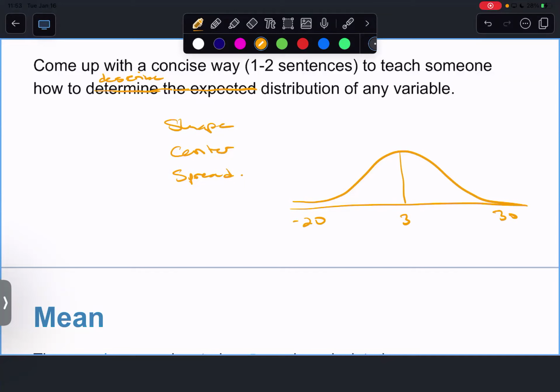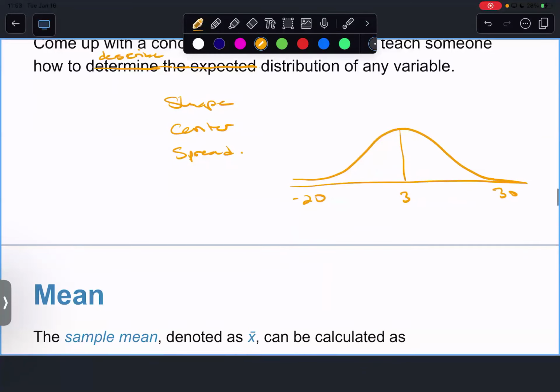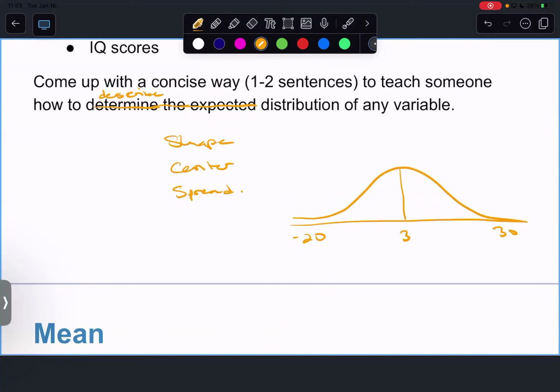And so here I've described this entire distribution. So that's why you need to talk about all 3 things in order to describe it. Of course, on test 1, I'll make you describe a distribution, and so you have to touch on all 3 things. Okay? But just rough approximations.